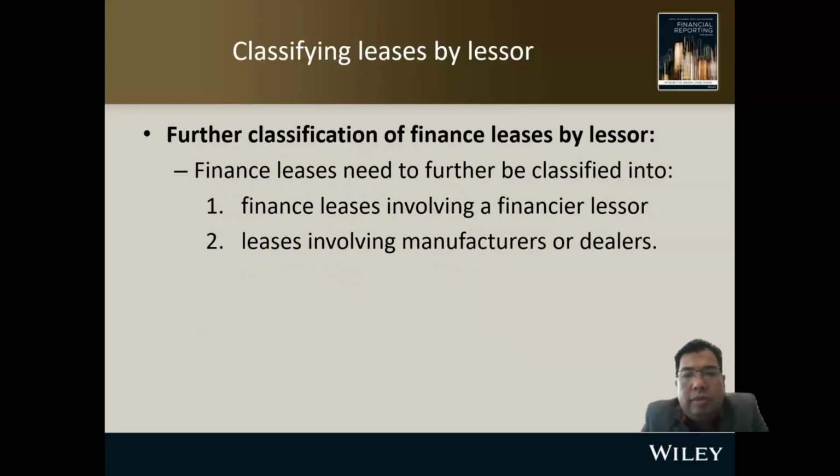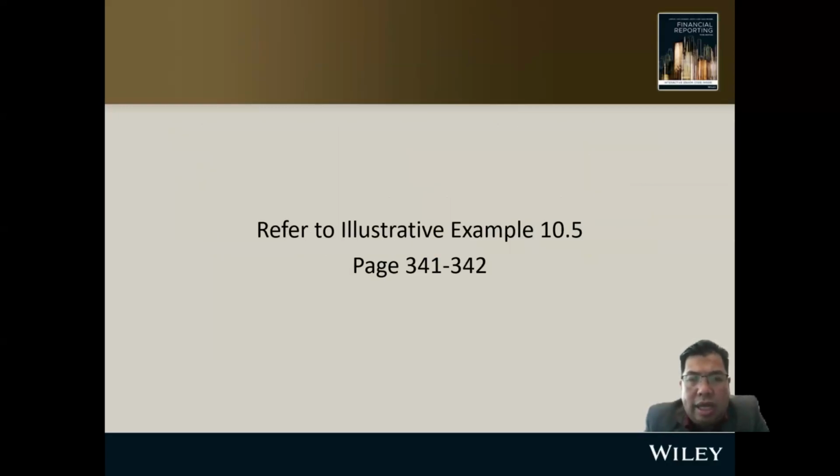Further, a finance lease needs to be classified by the lessor into a finance lease involving financial lessors or a lease involving manufacturers or dealers. So this is another further classification of finance lease.